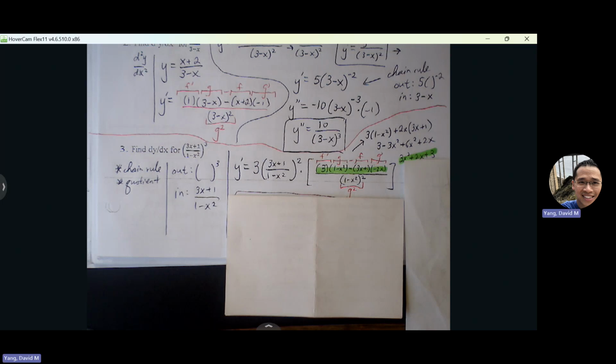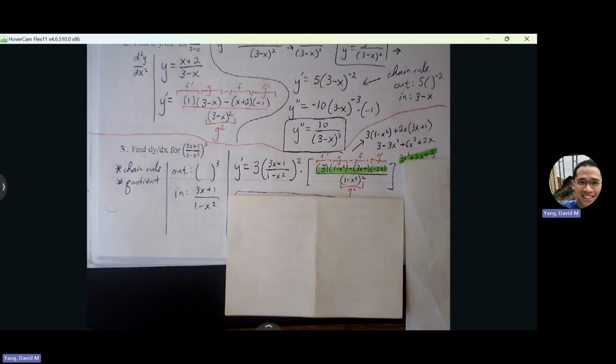Which are we using? Quotient rule, because what's inside the parentheses has a numerator and denominator set up, so this derivative would require quotient rule, because that fractional expression forces us into it.